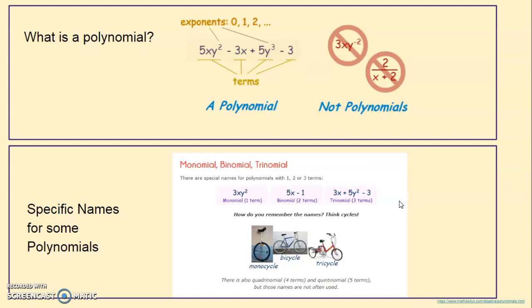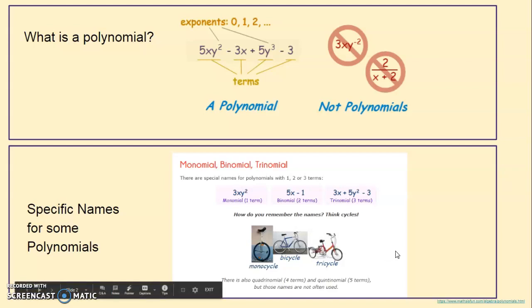All right, there are 3 major terms that we use for polynomials, and really this just has to do with how many terms they have. So a monomial has 1 term, binomial 2, trinomial 3, and just think about the prefixes on cycles. A monocycle, sometimes called a unicycle, has just 1 wheel, bicycle 2, tricycle 3.